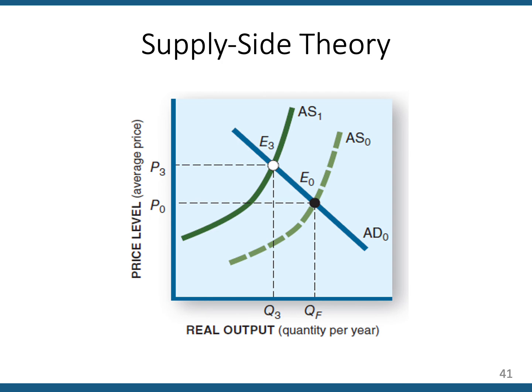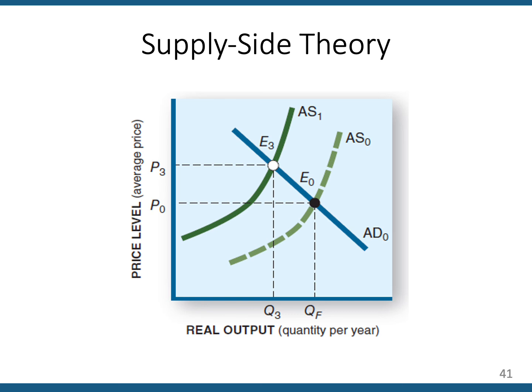The problem with the aggregate supply curve shifting to the left is a dual problem. We decreased GDP, plus we made prices rise from P0 to P3. And if you shift the demand curve to try to fix GDP, to horizontally move that intersection point to the right, problem is it makes prices rise even further.